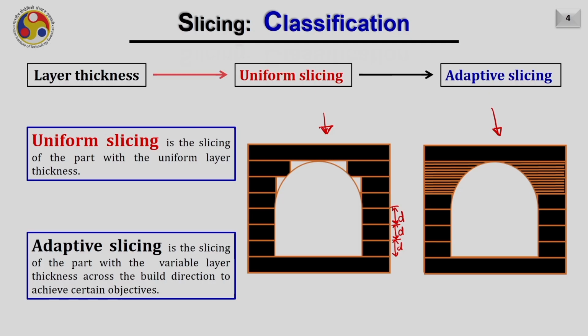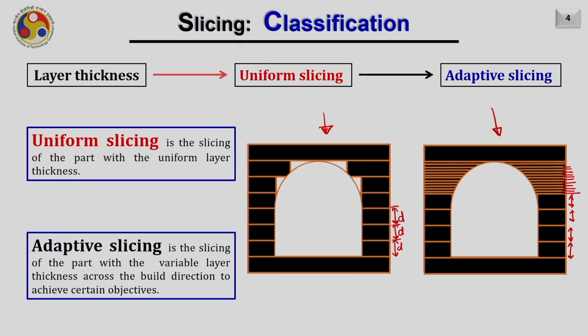While in the case of adaptive slicing, you can see the thickness is varying. Here it is the same, but if required, you can see the layer thickness is reduced here. The reason for reducing the layer thickness could be different, and that we will discuss slightly toward the end of this lecture.